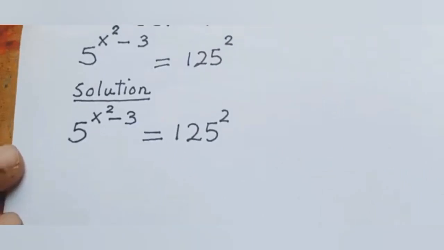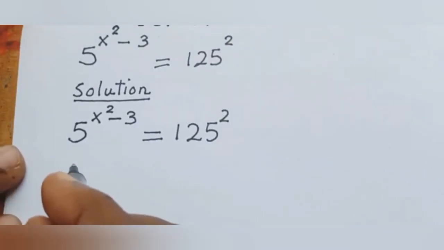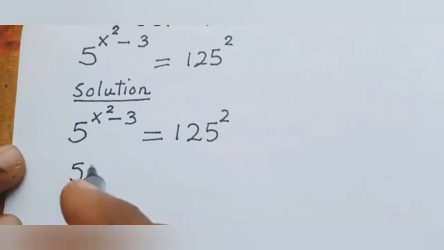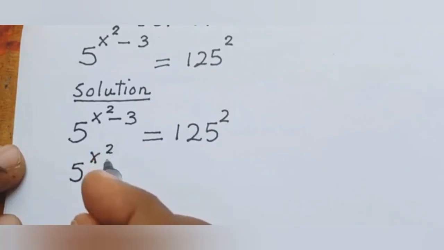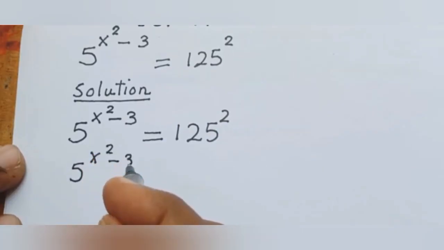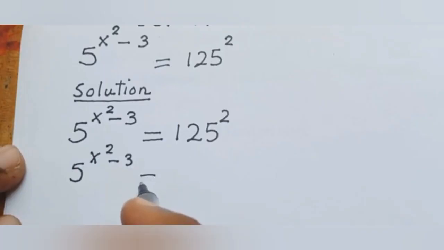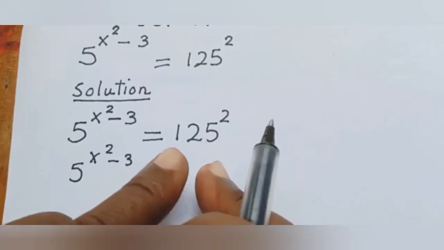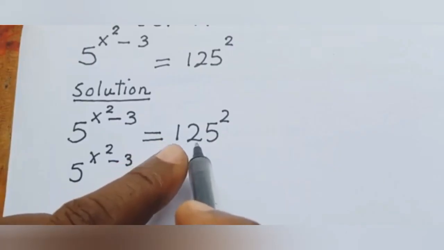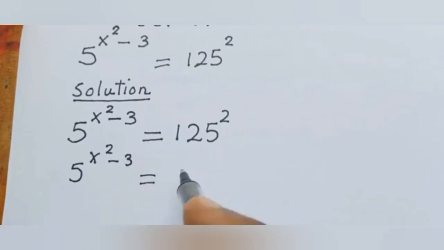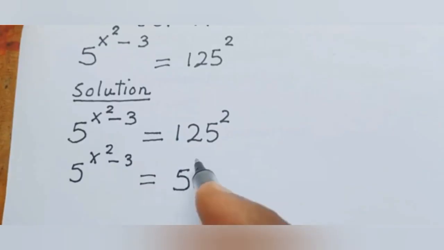We have 5 raised to x squared minus 3. This is equal to, so instead of writing 125, we write 5 raised to power 3 in the bracket power 2.